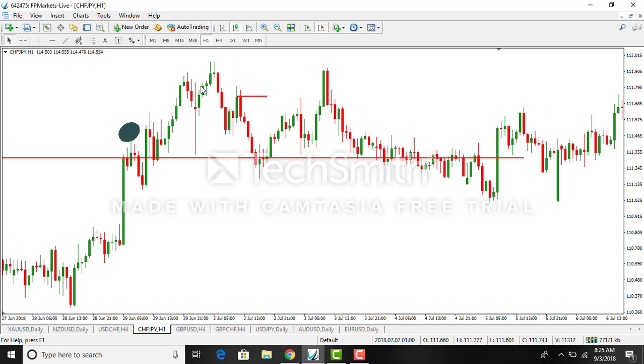So by opening 4 positions, I could have exited one of them roughly in that area to be positive 50 pips, and move my other 3 positions to break even.